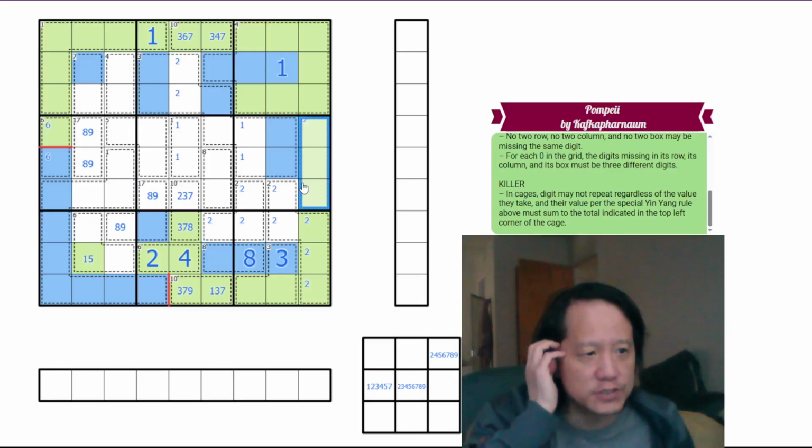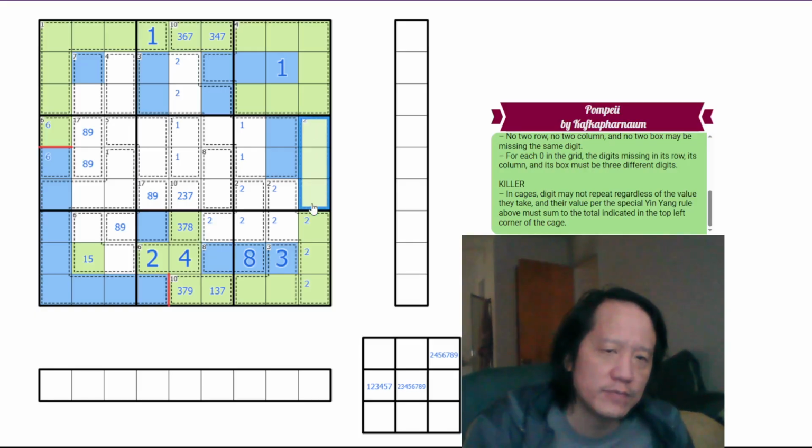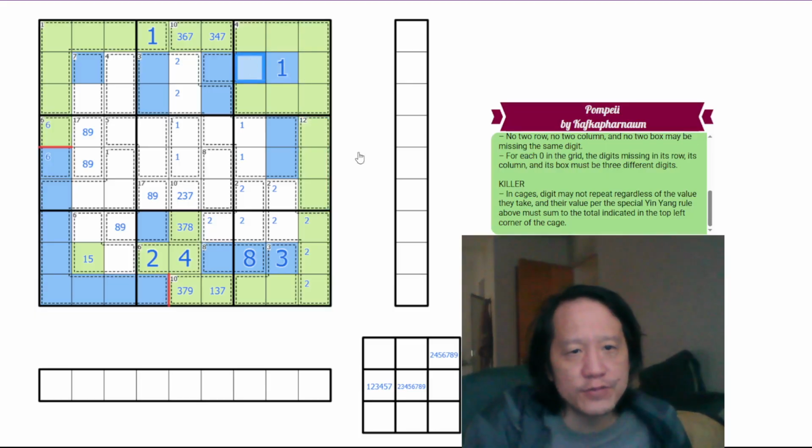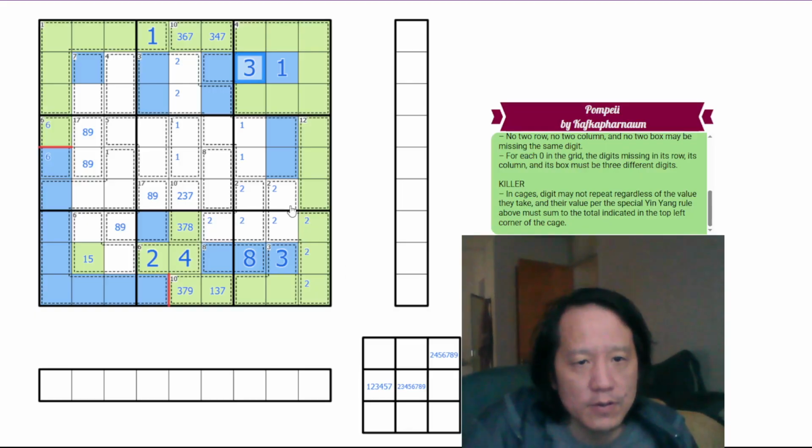No, none of the 1s. So start with 2. 2, 3, and 7's possible. 2, 4, and 6. Oh, it could be 3, 4, 5. This is 1 and 3 here. So it does not have to have a 2 here. This is looking like the solution, to be blunt.